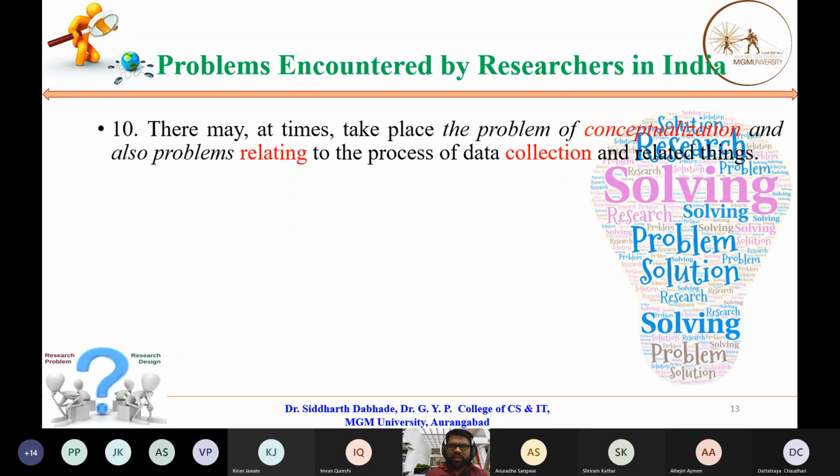Because of that, if the problem is not understood very well, and we have certain predefined concepts in our mind related to that problem, at that time we are not able to give proper information. We are not able to collect the proper data related to our research problem. That is one of the biggest problems in India.